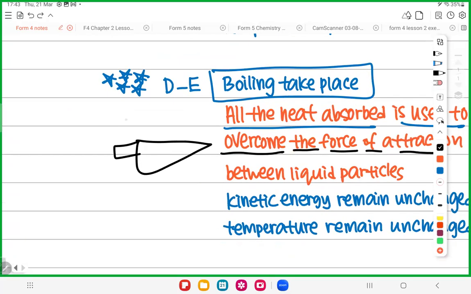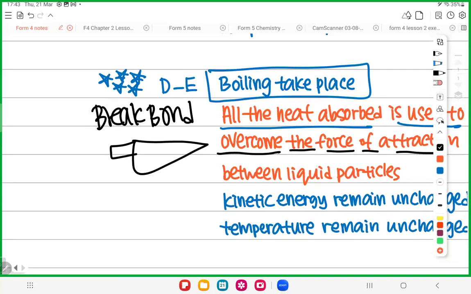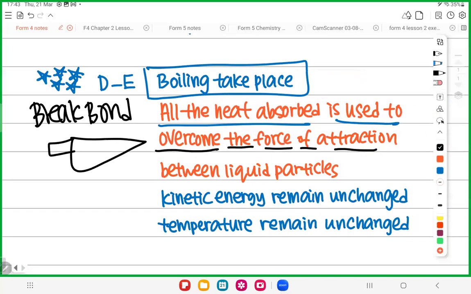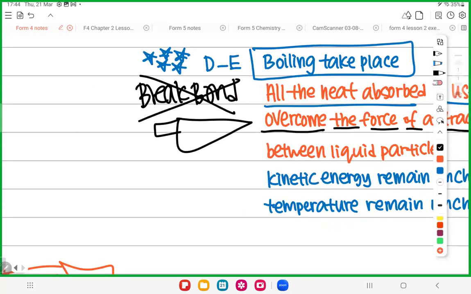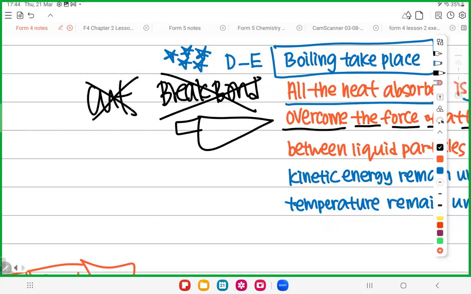Some of the students want to use the words break bond. They say all the heat absorbed is used to break the bond between liquid particles. Cannot. In SPM, they don't allow you to use the words break bond. If you write break bond, no mark at all. So you cannot write break bond. You cannot write cut. You must write overcome.